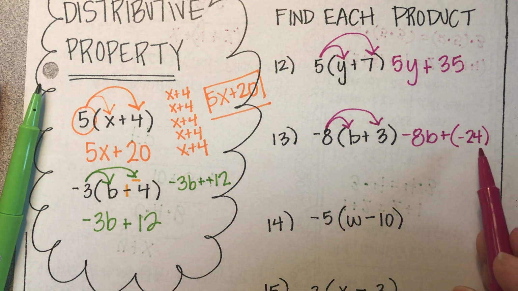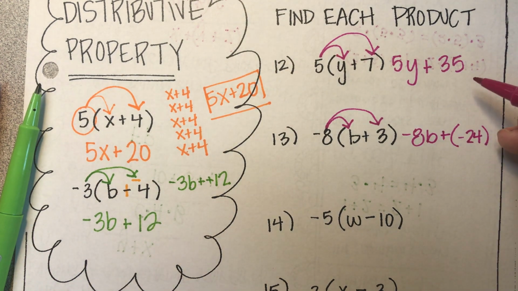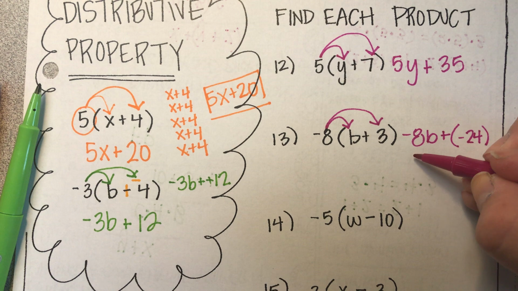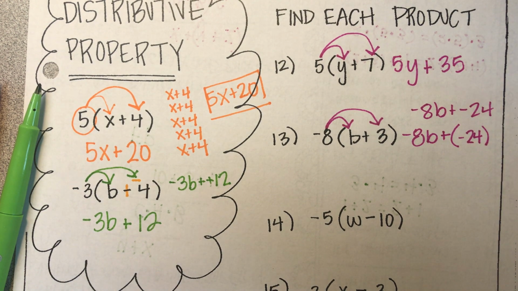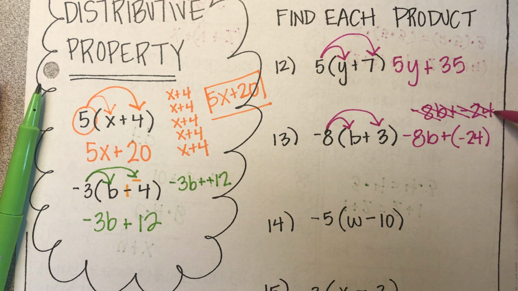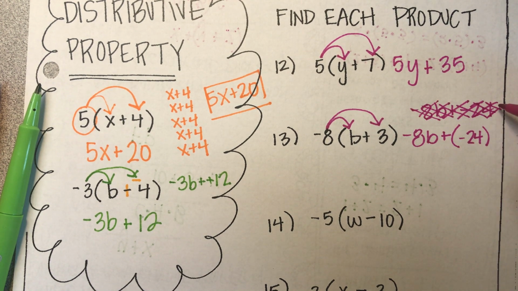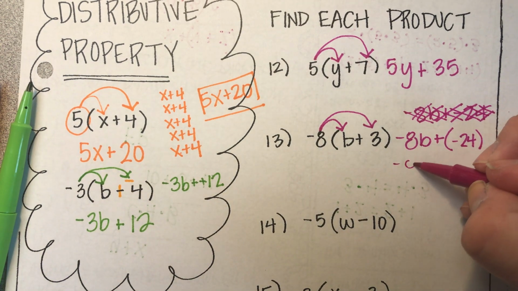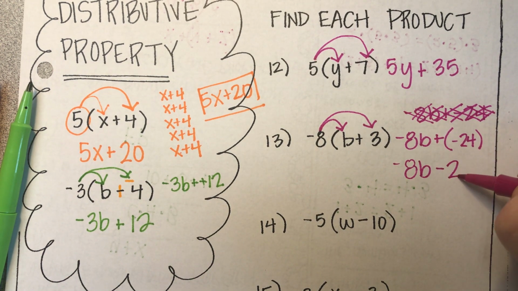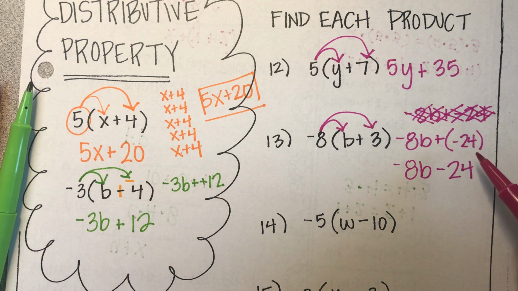I put that in parentheses because it looks weird otherwise, like negative 8b plus negative 24 looks like plus minus. Whenever you have a negative like that, I like to put it in parentheses because it makes it easier to read. Another way to write it would be negative 8b minus 24, because adding a negative and subtracting a positive mean the exact same thing.